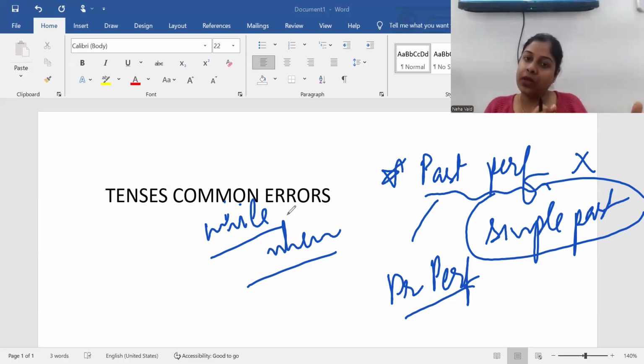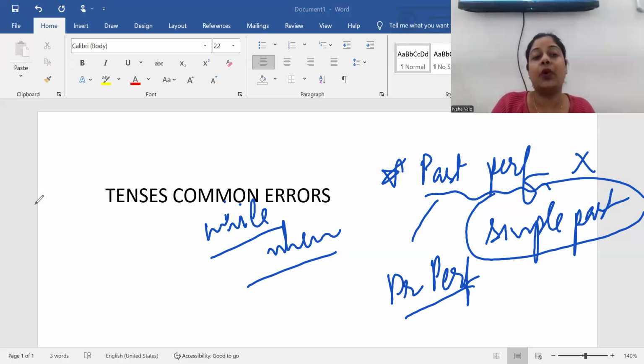In present perfect continuous, the action started in the past and is still in process. It has not ended. We are not being told that it has finished. But in past perfect continuous, the action started in the past and ended in the past itself. So there's a time duration during which the action was in process, and that's why we use past perfect continuous.